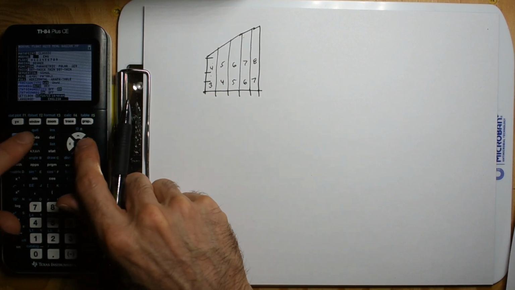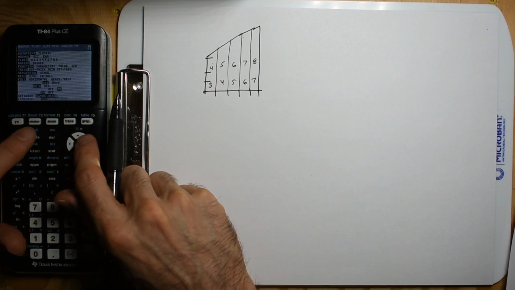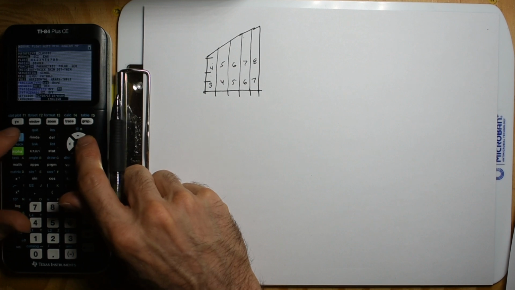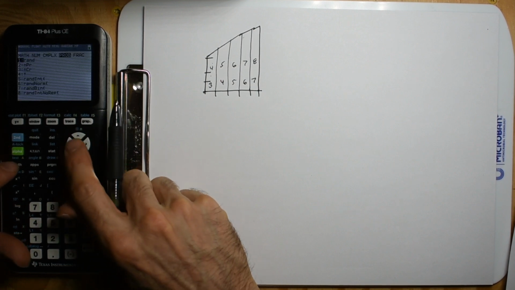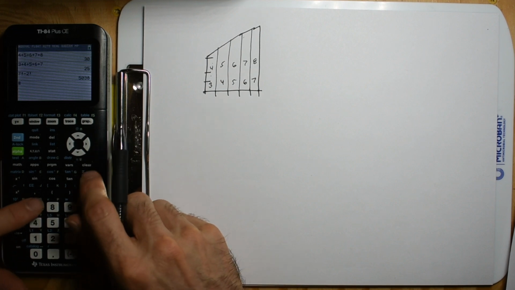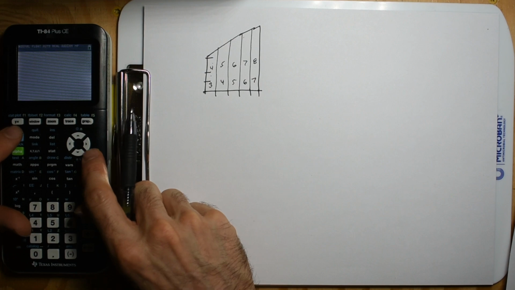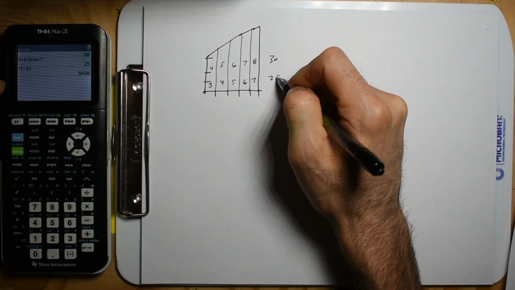I don't know. Let's do them both and learn something. Maybe not. Oh no, I don't know what I'm thinking. Anyway, so we have 30 for there, 25 for there.